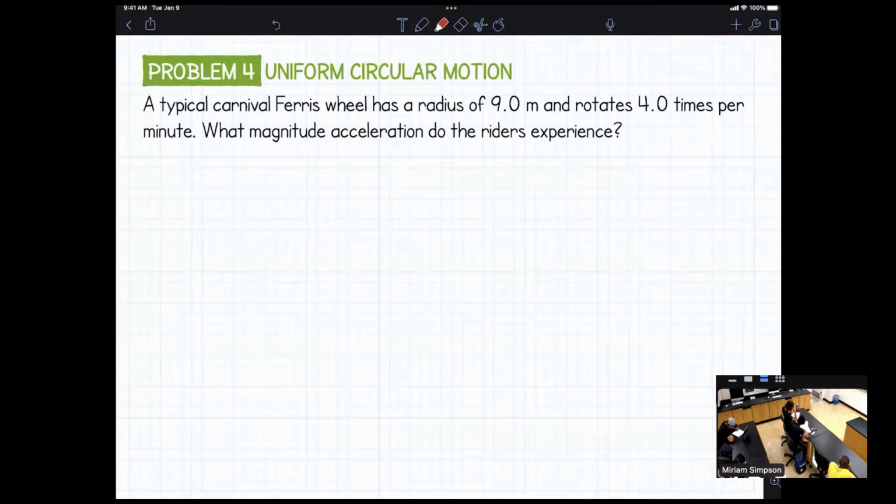Did you get tangential acceleration? The frequency is divided by 2 pi. And then we got the acceleration.